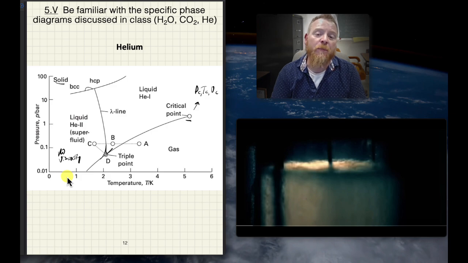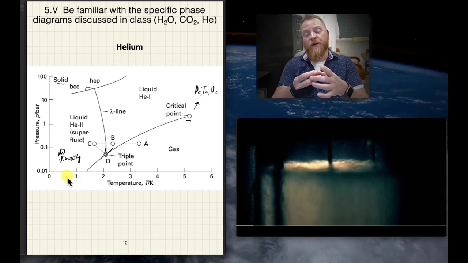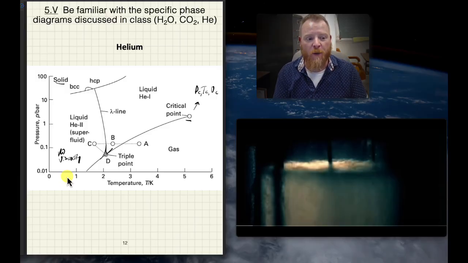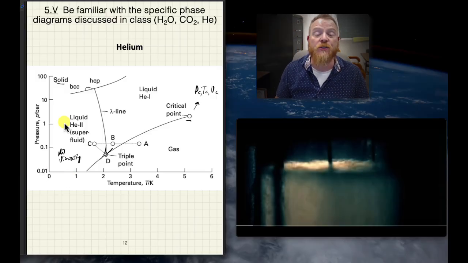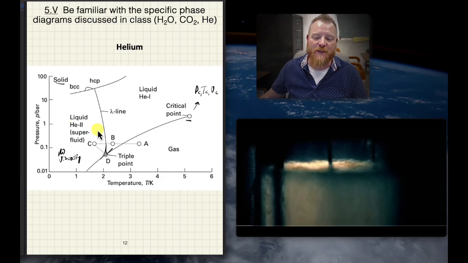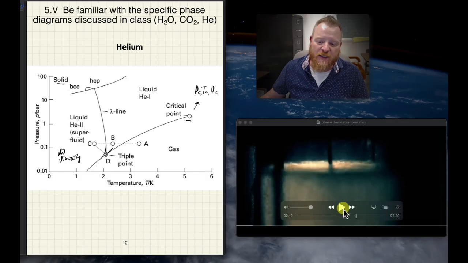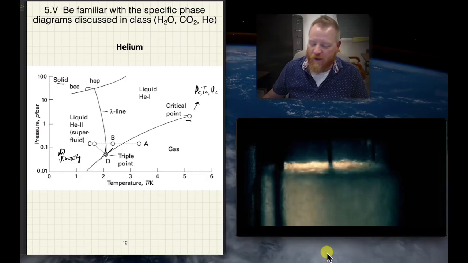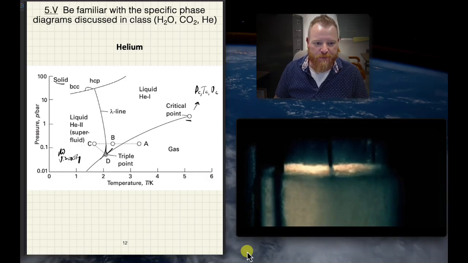And in that beaker, boiling liquid helium will not pass through the pores. The pores are too small. But as soon as it goes superfluid, the helium is able to just drip and pass right through the material as if it didn't even exist. So let's watch, and hopefully it'll be pretty amazing to you.